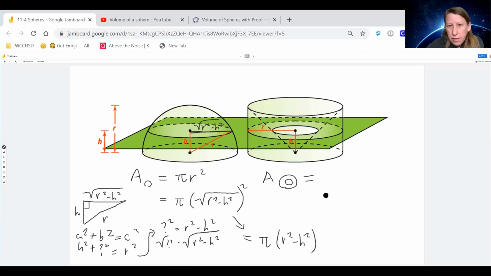Right, let's do the area of this circle. Sorry, the area of this sort of disc shape. This is going to be pi r squared minus, we're going to take out that center circle, pi r squared. I'm going to take the big circle minus the small circle. Maybe I'll call these radii 1.